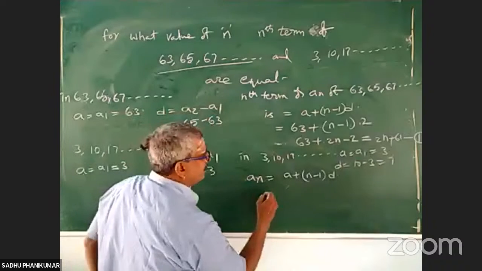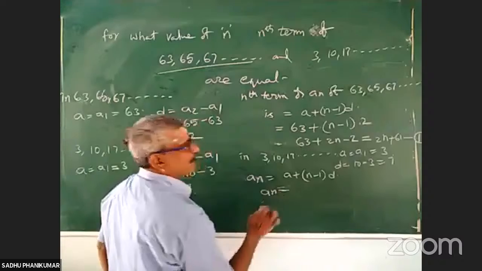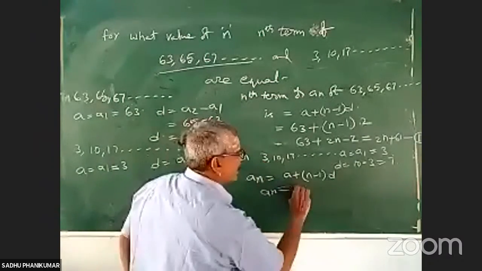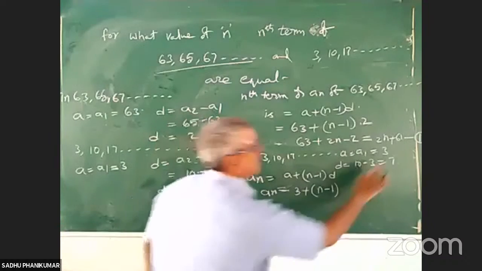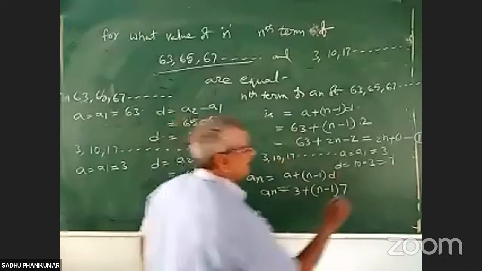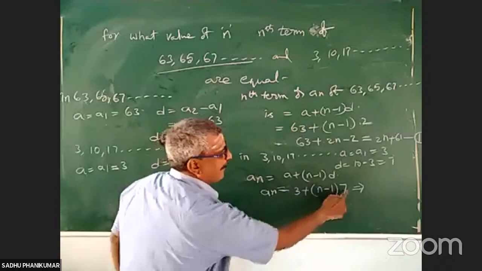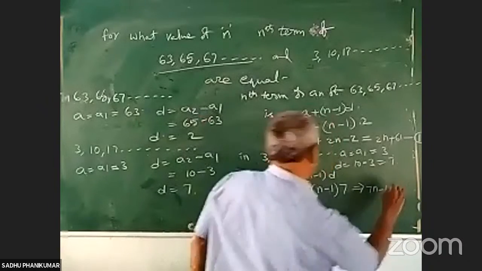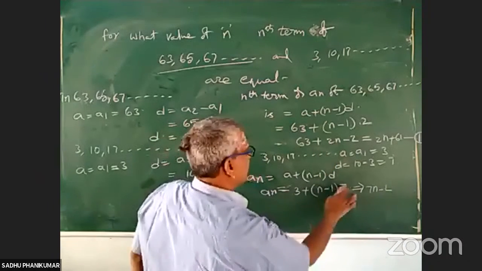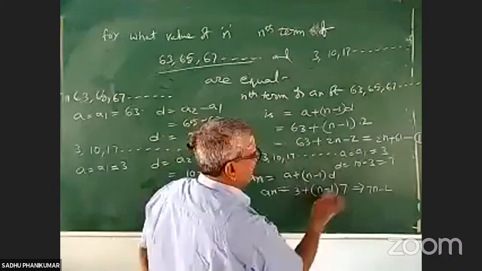So an is equal to 3 plus n minus 1 into 7. That implies 7n minus 7 plus 3, so 7n minus 4.